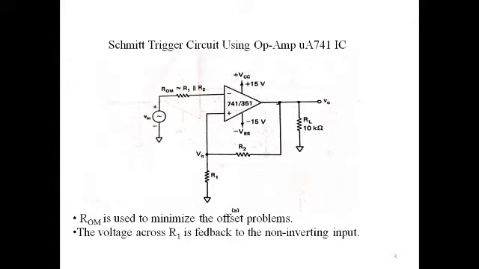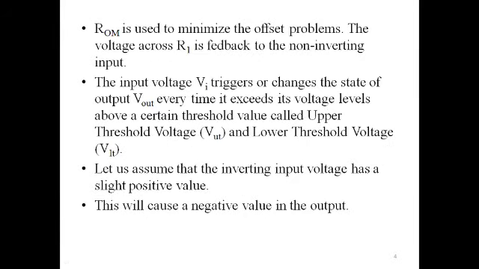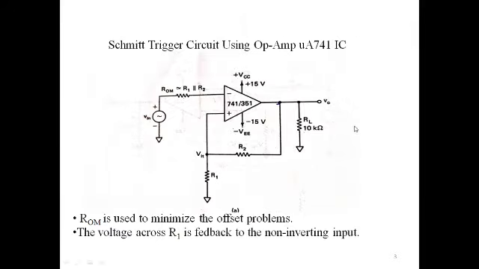Similarly, when the output voltage is at minus V saturation, the voltage across R1 is called the lower threshold voltage.